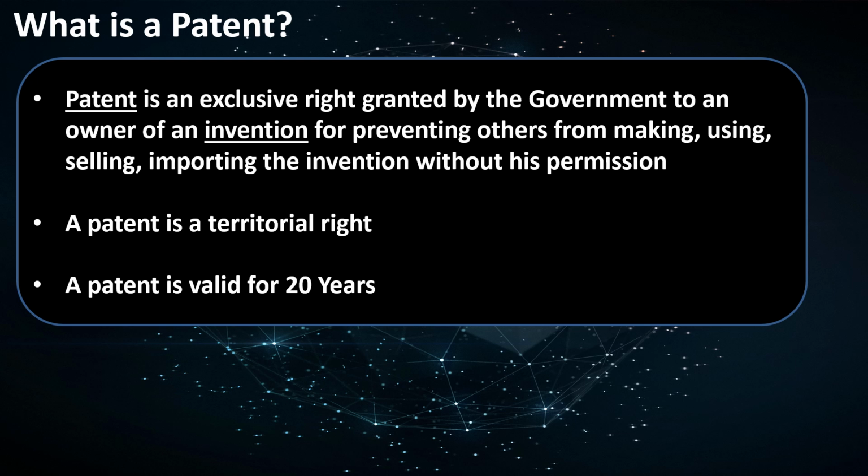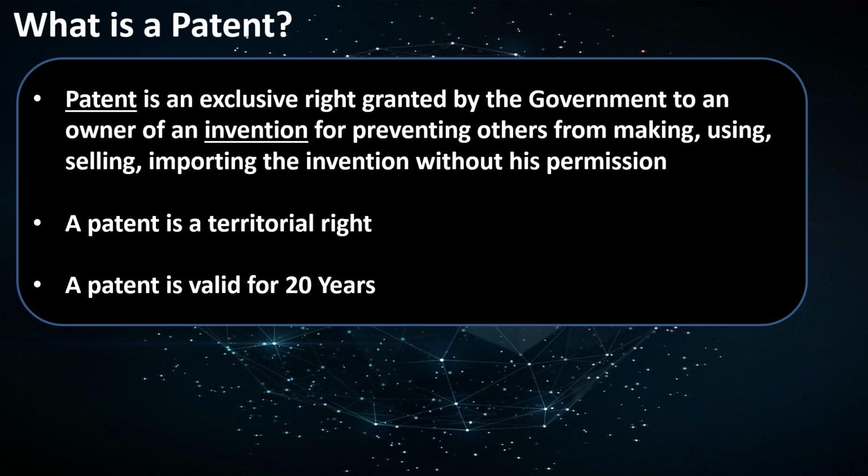The third point here is a patent is valid for 20 years. Okay, so this is the lifetime of a patent. Let's say I file the patent application today, and eventually it gets granted in maybe 1 year or 2 years.